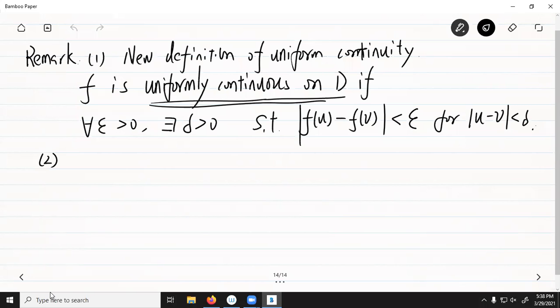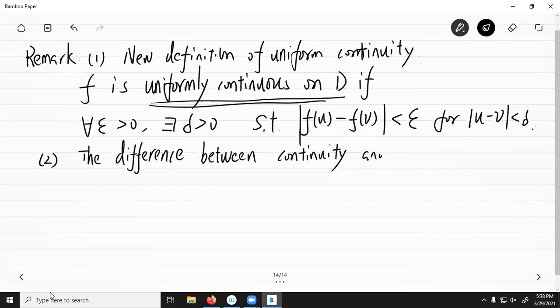So what is the difference between continuity and uniform continuity using this epsilon-delta criteria?